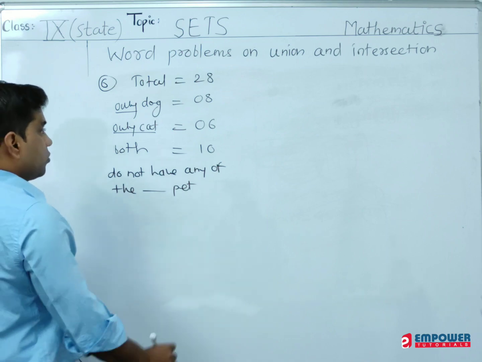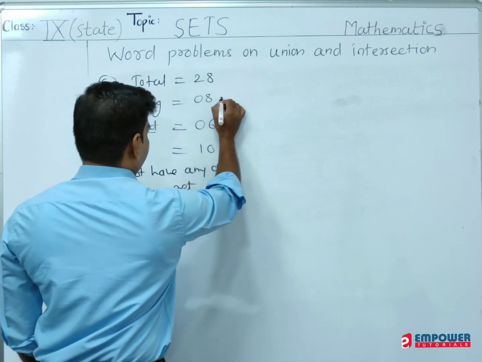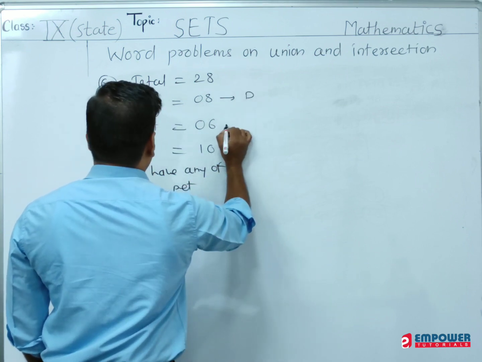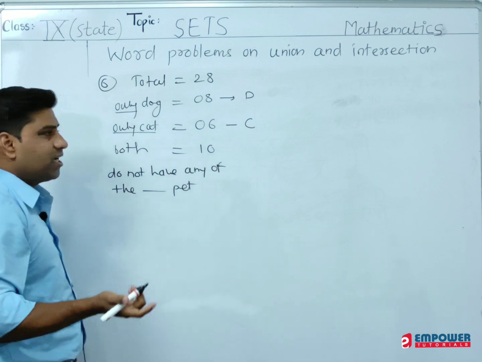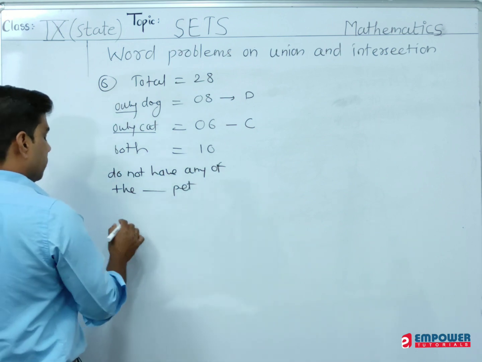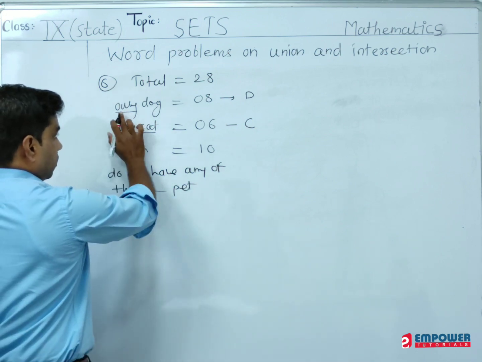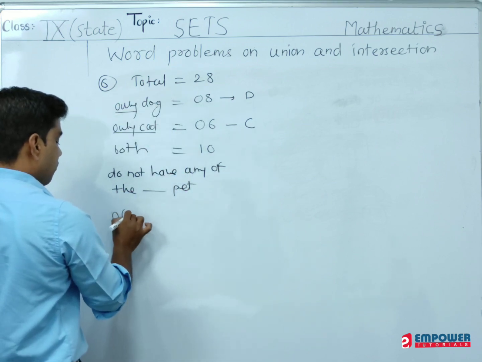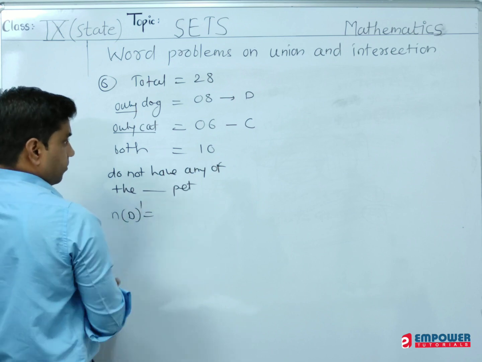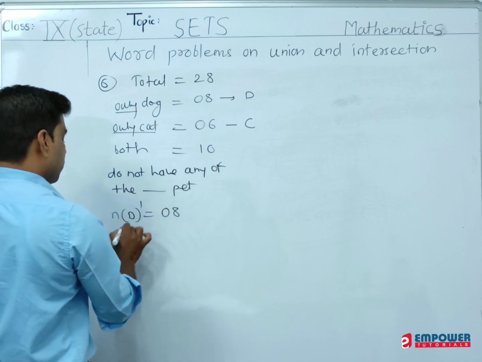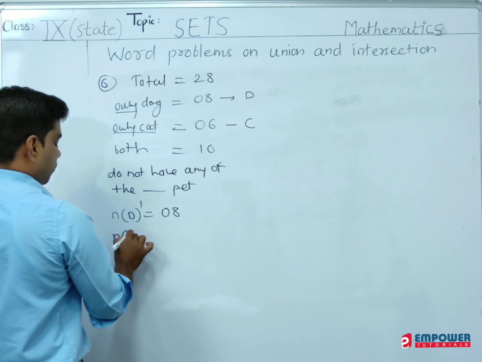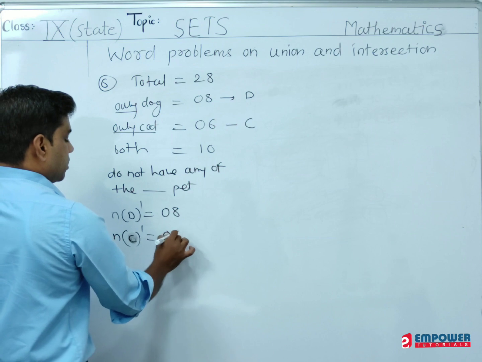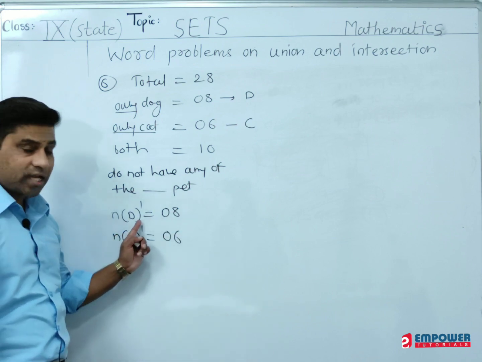As usual, first you can consider this set as D for dog and this set as C, or you can use any letter: A, B, C, X, Y. So what is given? Only dog means we write n of D dash, which is 8 students. Only cat, n of C dash, is given as 6 students. Why is it dash?